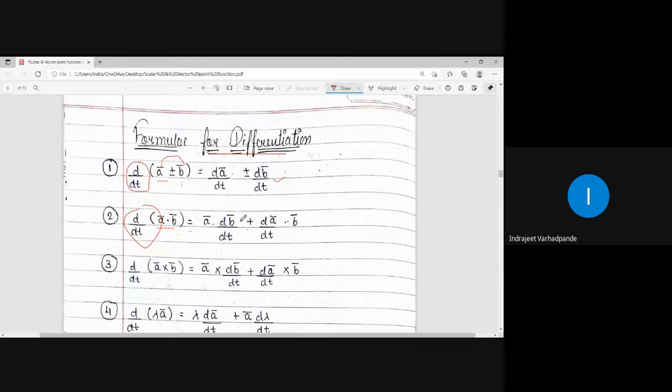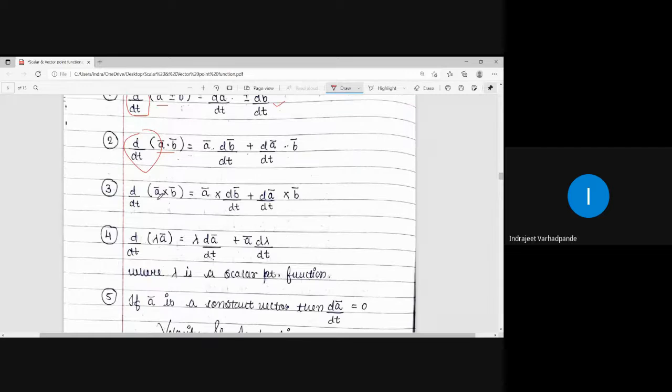The product rule says first into derivative of second plus second into derivative of the first. So it is A bar dot dB by dt plus dA by dt dot B bar. d by dt of A bar cross B bar is A bar cross dB by dt plus dA by dt cross B bar.